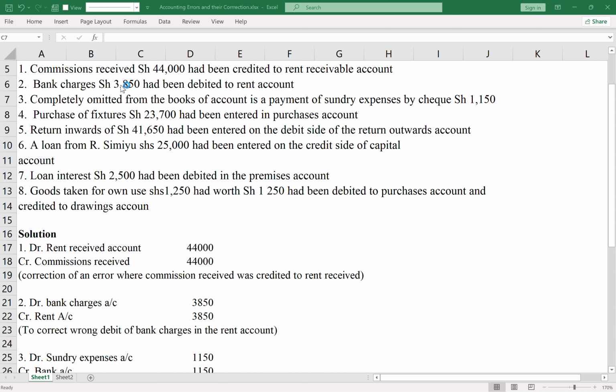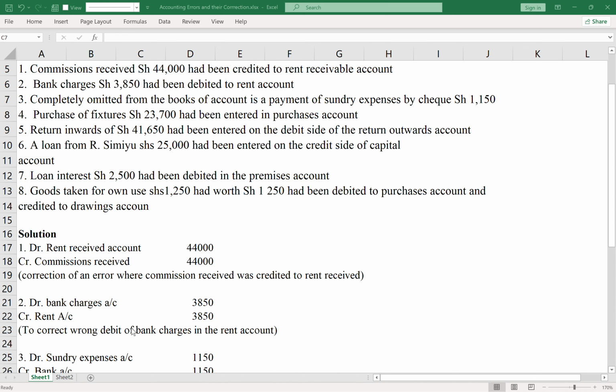We debit the bank charges of 3,850, and then we credit the rent account, which had been debited. So the bank charges, the expense, we debit, and the rent account we credit.